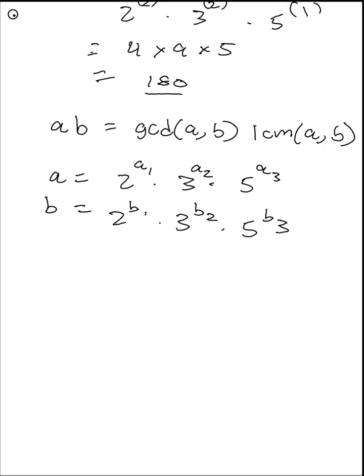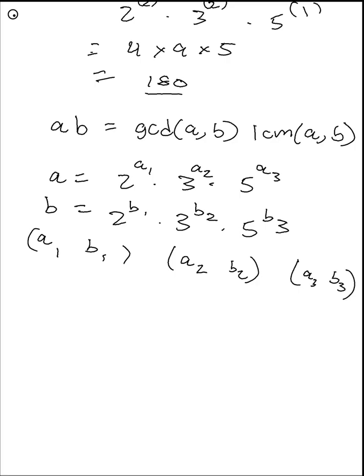Pretty much what the GCD is saying is we're going to take the smaller of a1 or b1. Then we're taking the smaller of a2, b2. We're taking the smaller of a3, b3. We're taking the smaller one essentially. So there's either only one smaller one or one bigger one.